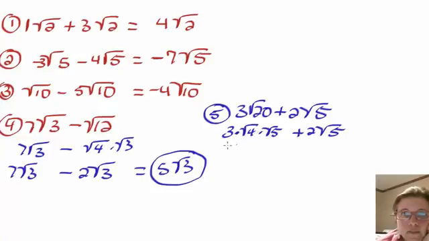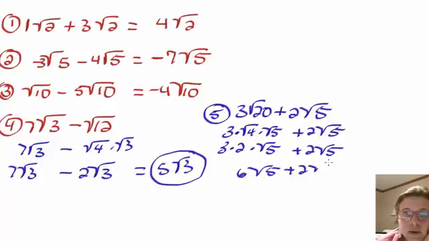Well, the square root of 4 becomes 2, and the square root of 5 is going to stay. So this becomes 6 square roots of 5 plus 2 square roots of 5, which becomes 8 square roots of 5. All right, so that's adding and subtracting.